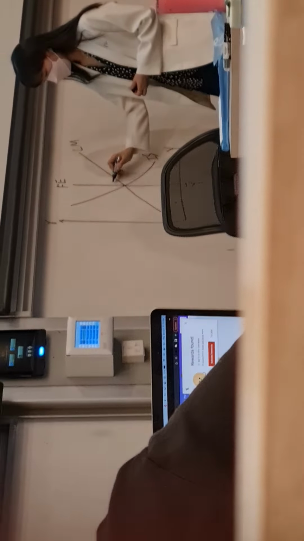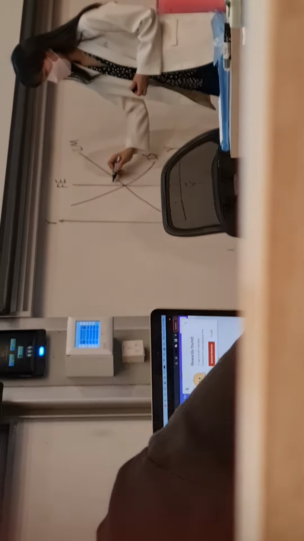So suppose originally Y bar is Y1 bar, and the FE line is FE1. Now suppose the Y bar declines to Y2 bar. So the FE line should shift left or right? Yes. The FE line shifts left.